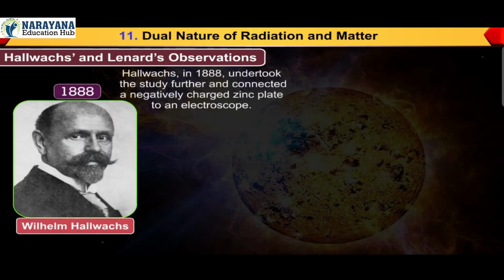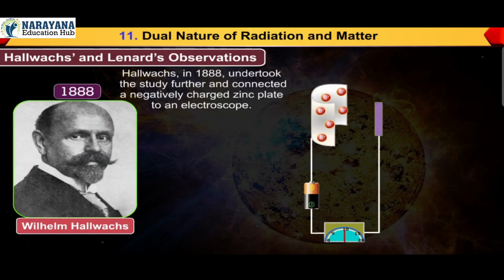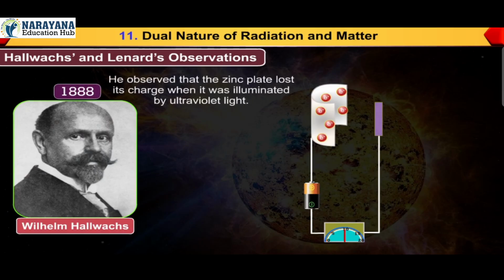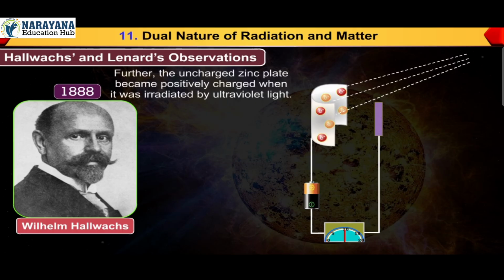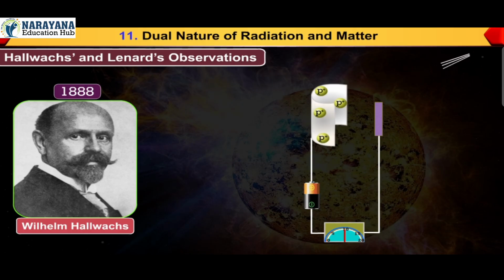Hallwachs in 1888 undertook the study further and connected a negatively charged zinc plate to an electroscope. He observed that the zinc plate lost its charge when it was illuminated by ultraviolet light. Further, the uncharged zinc plate became positively charged when it was irradiated by ultraviolet light.